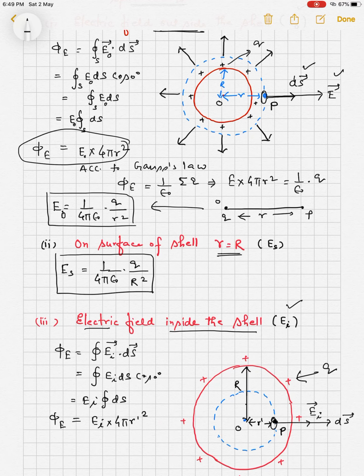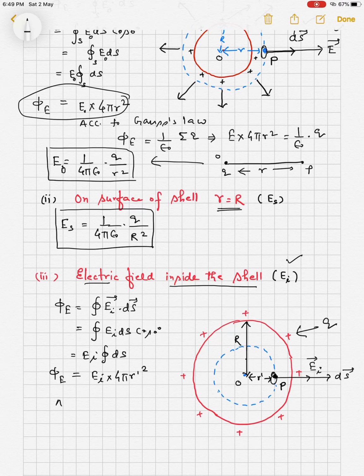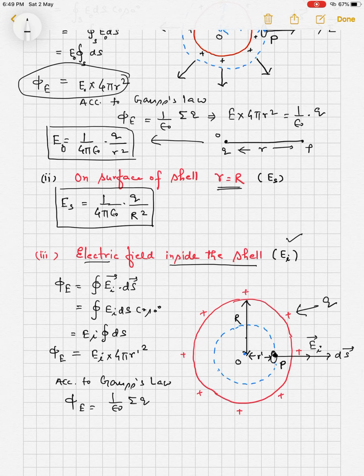So that is the electric flux. Now according to Gauss's law, phi E is equal to 1 upon epsilon naught times sigma q, where q is the charge enclosed by the Gaussian surface. So EI into 4 pi small r dash square is equal to 1 upon epsilon naught times the charge enclosed.